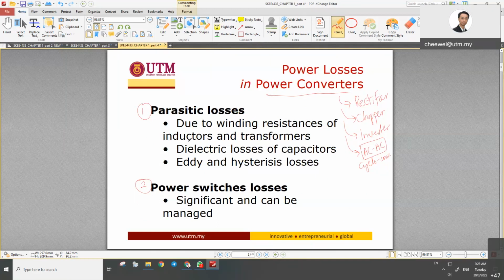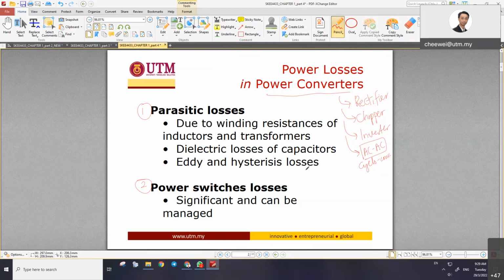We don't want them. They are parasites. Due to the winding resistances of the inductors and transformers, dielectric losses of the capacitors, eddy current and hysteresis losses. We don't want them, but they appear to be in there. We call it parasitic.